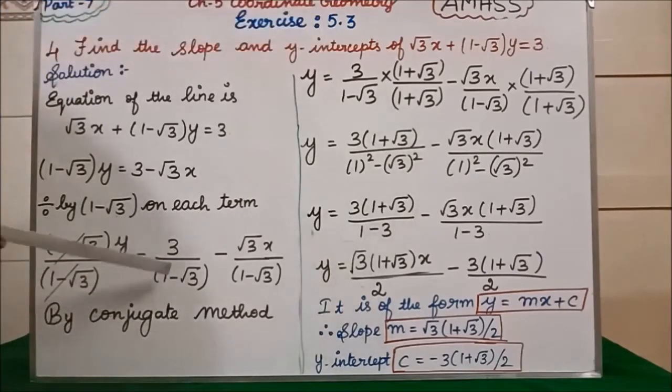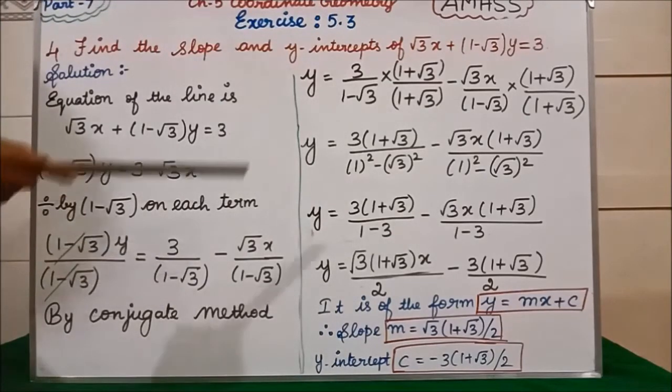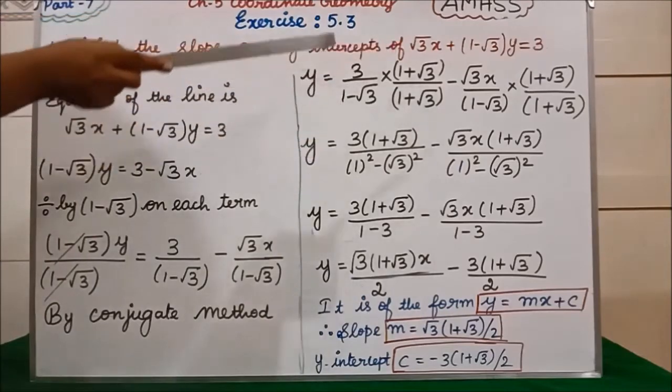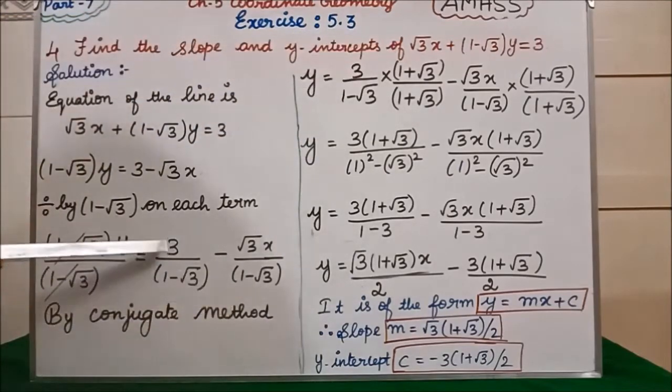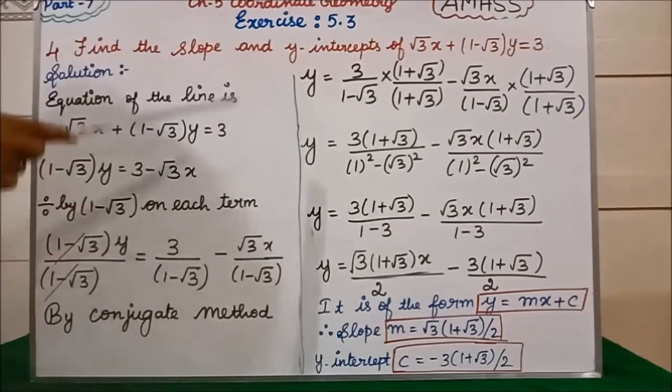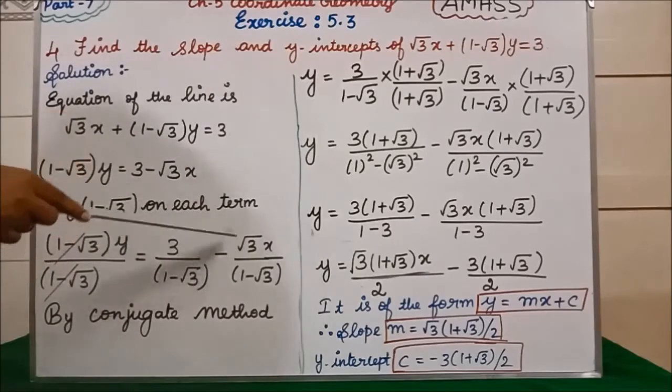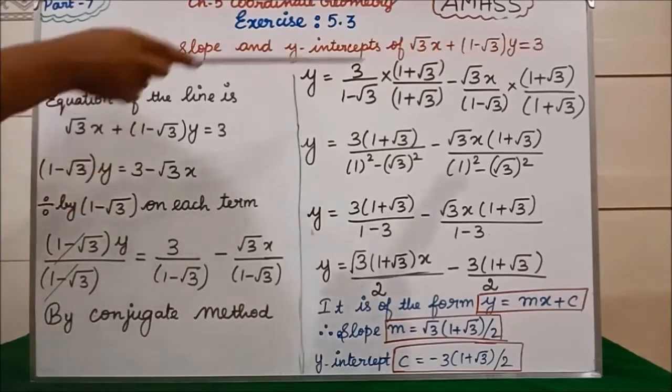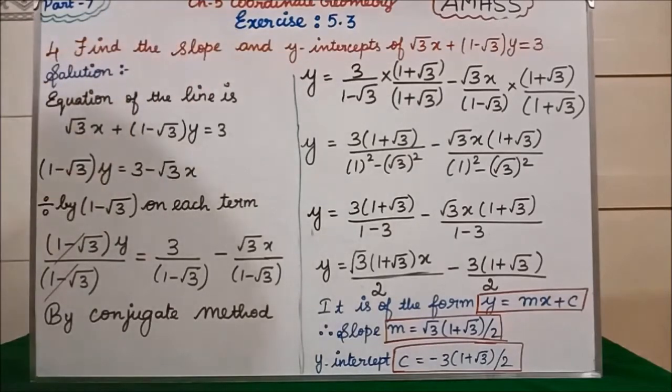Suppose here it is plus, we multiply with minus. Here we have minus, so we multiply with plus in both numerator and denominator. 3 divided by (1 minus root 3) into (1 plus root 3): you have to multiply by 1 plus root 3 and divide by the same number. That is the conjugate. Clear?